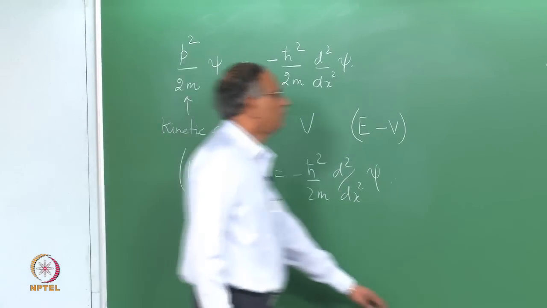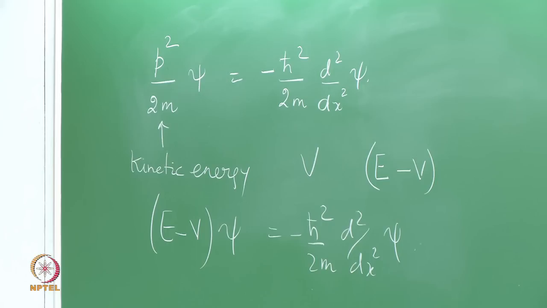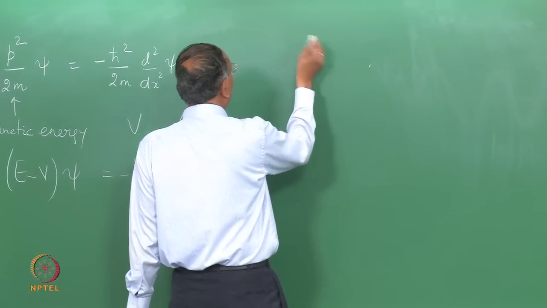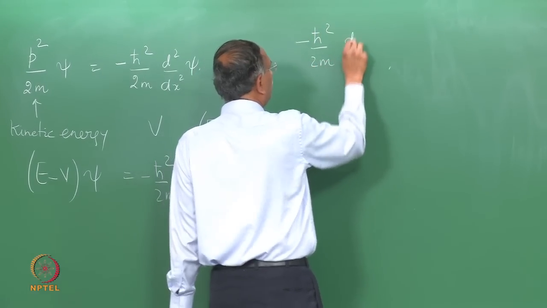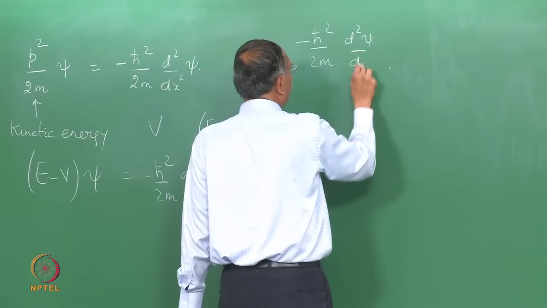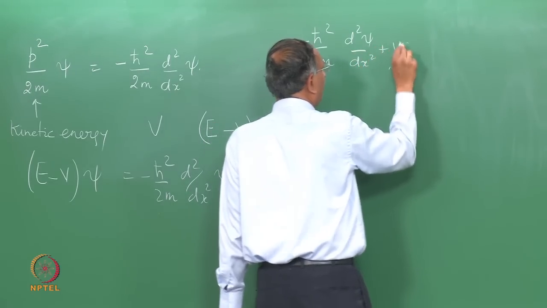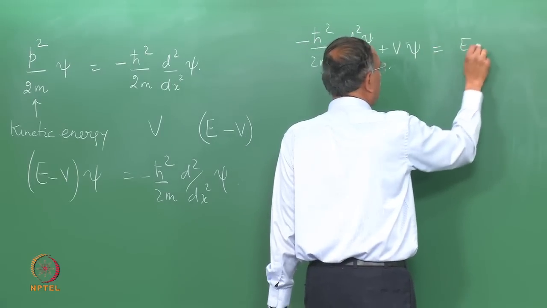Now, one last step, and then you see the equation H psi equal to E psi making sense to us. If you bring the V here and rewrite the equation, you have minus h bar square by 2m d square psi by dx square plus V psi is equal to E psi.